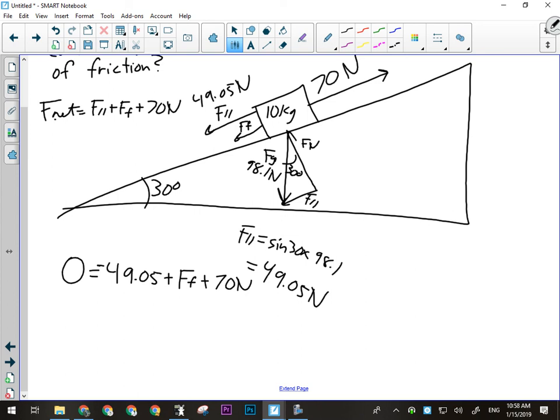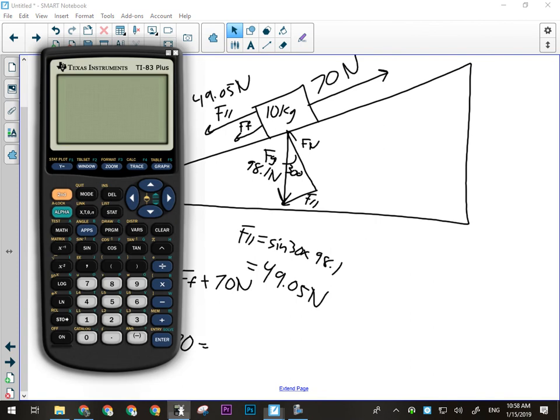If I want to solve for F friction, I just need to bring these other 2 forces over to this side by subtracting them both. So I'm going to have negative 49.05 minus 70 newtons, and that should give me a negative number, and I'll have my force of friction going down the ramp.